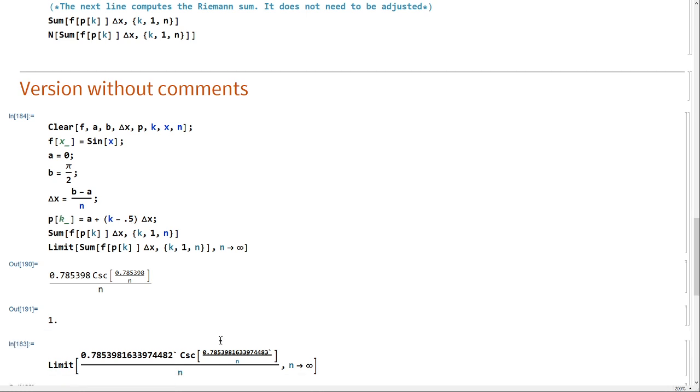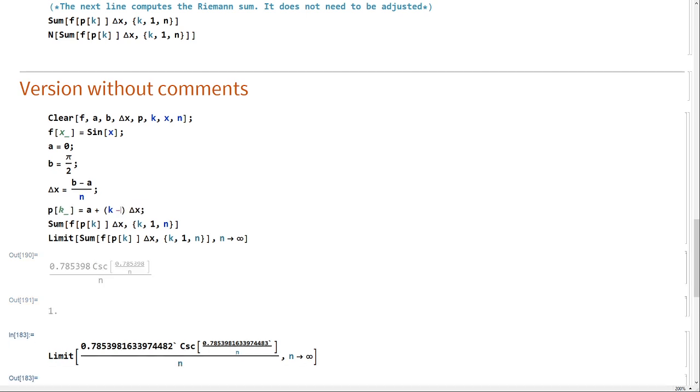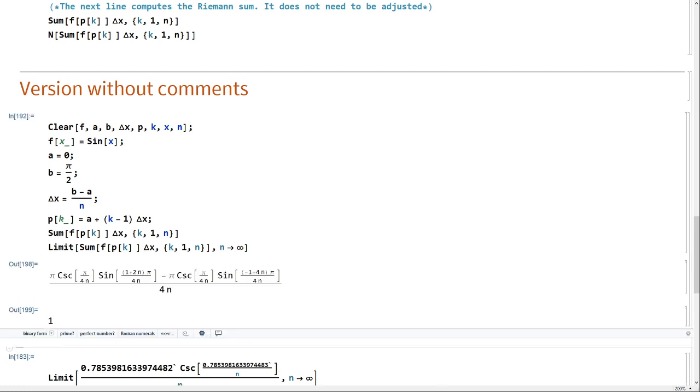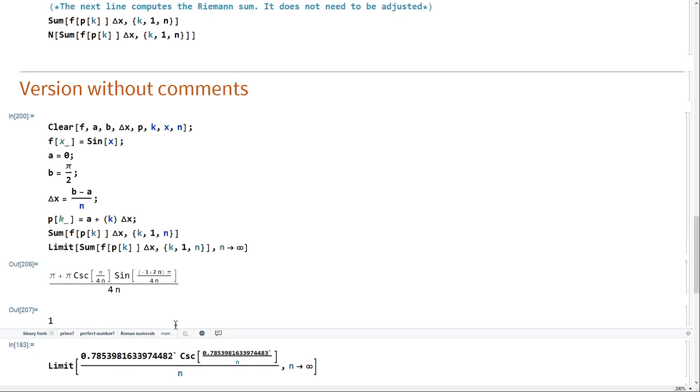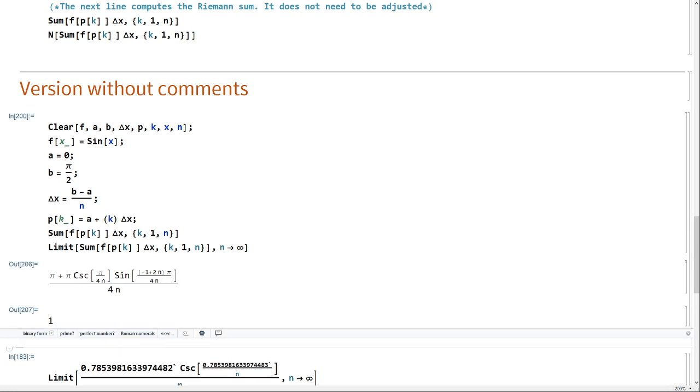And the nice thing is it doesn't matter if we use the midpoints like here. If we change it to the left endpoints, this maybe actually looks a little better than that, but it still converges to 1. If I change this to right endpoints, that's even better, and it still converges to 1.